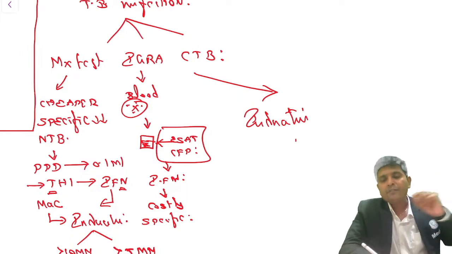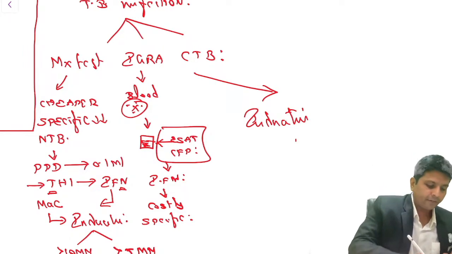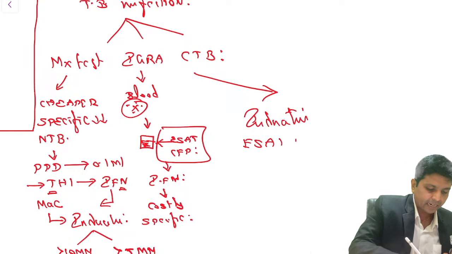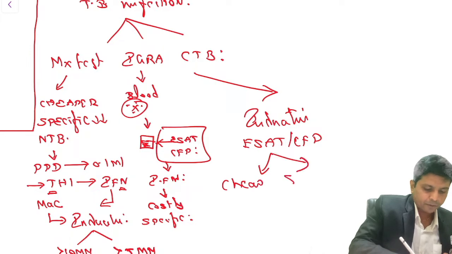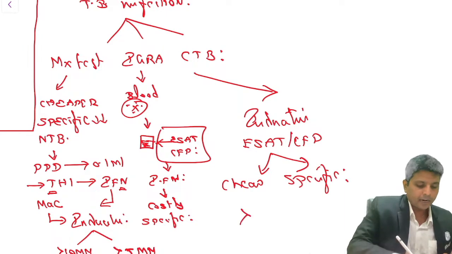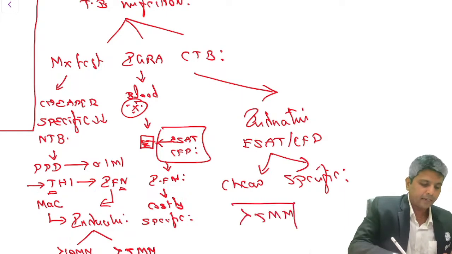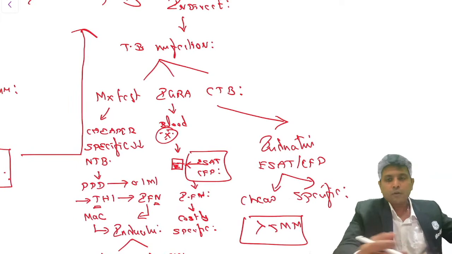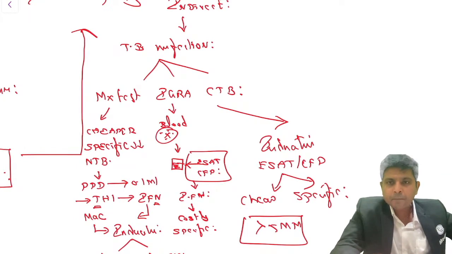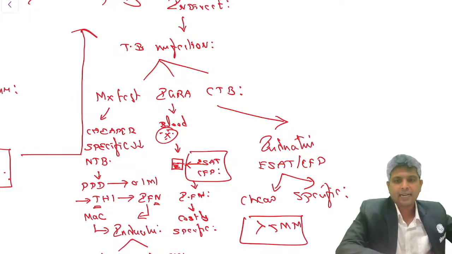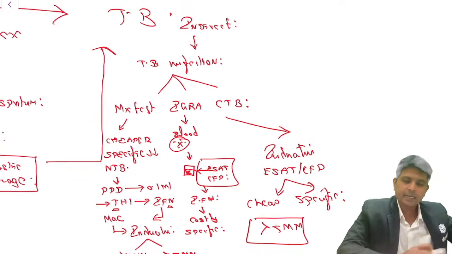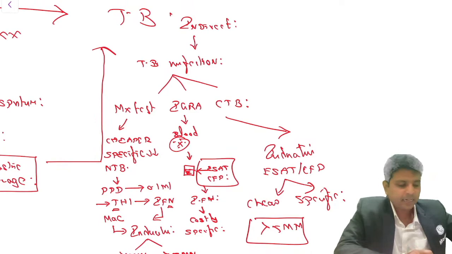But instead of injecting purified protein derivative, they inject ESAT-6 and CFP so that it becomes cheap, and also it becomes specific because you use TB specific antigen, and an induration of more than 5 millimeter is taken as positive. So whenever you suspect TB despite CB naught being negative, go for indirect test. So these are all the direct tests and indirect tests.